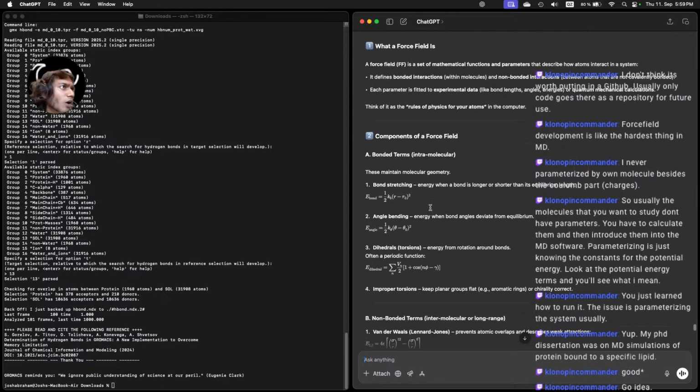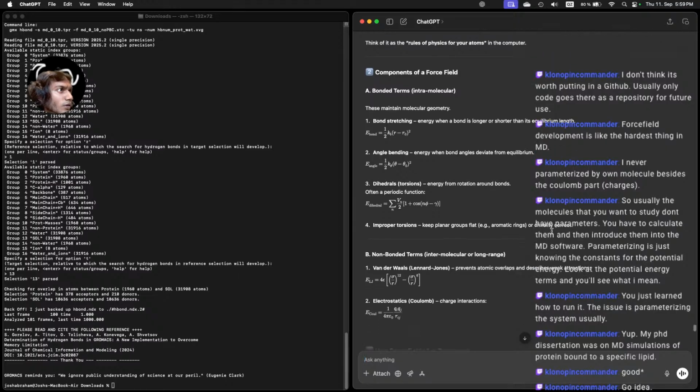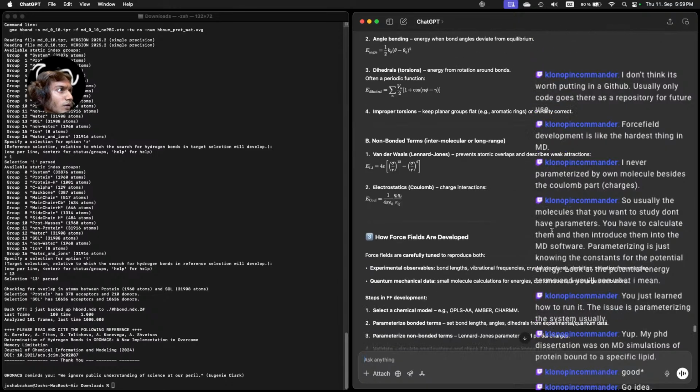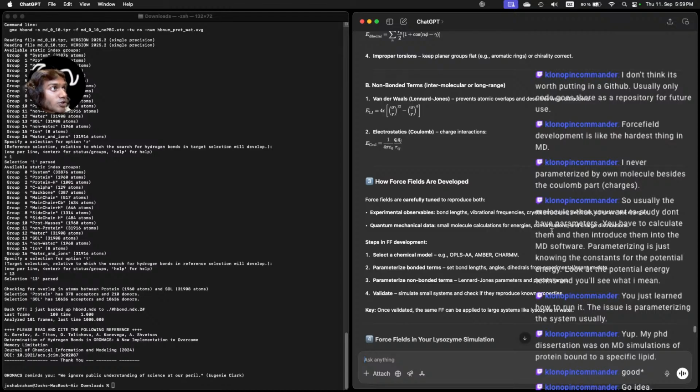Bonded terms maintain molecular geometry: bond stretching energy when a bond is longer or shorter than its equilibrium length, angles, dihedrals. Then non-bonded terms. Force fields are carefully tuned to reproduce both experimental observables and quantum mechanical data. Steps in FF development.